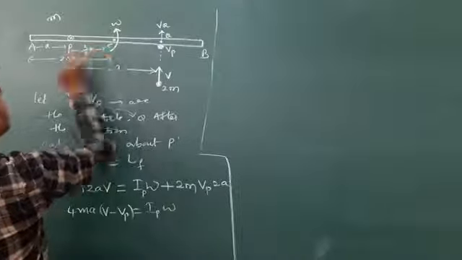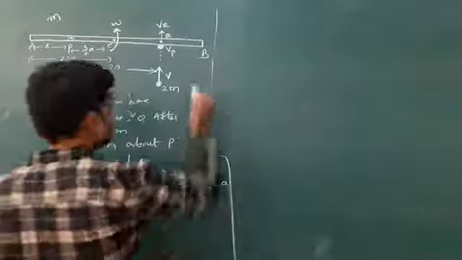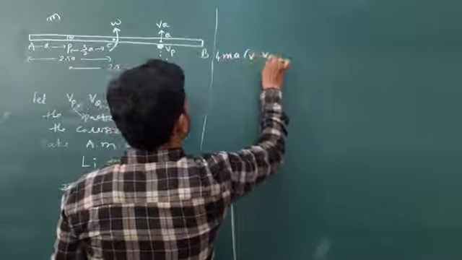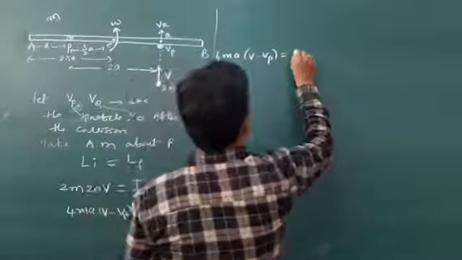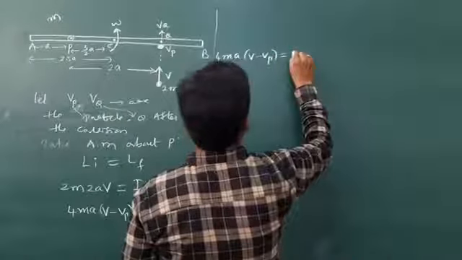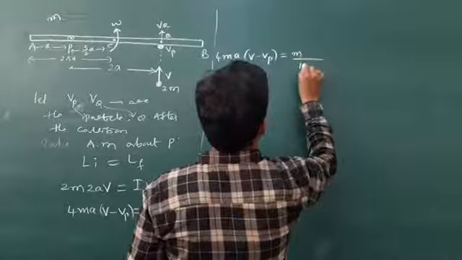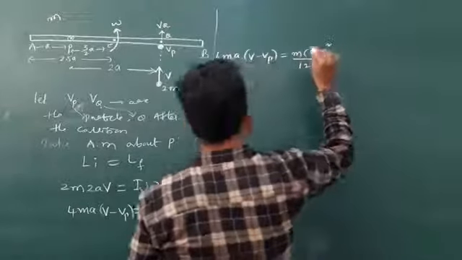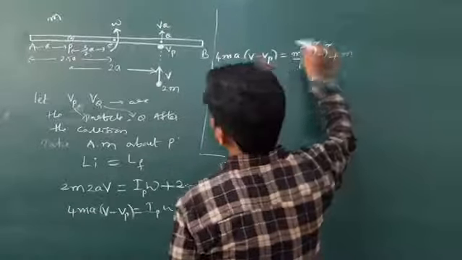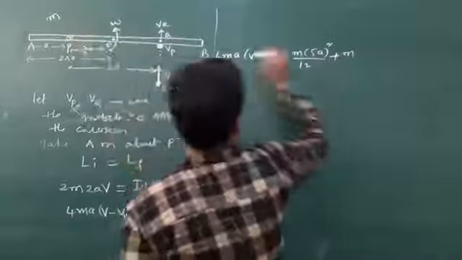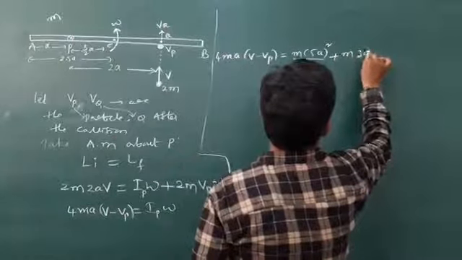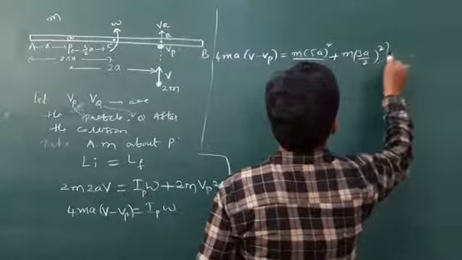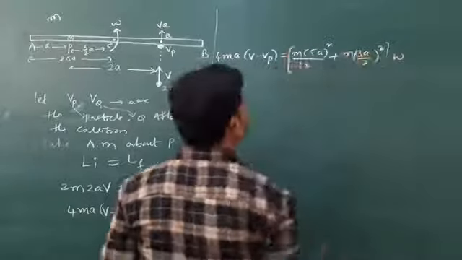So the moment of inertia is: 4ma (v minus Vp). The moment of inertia passing through the center and perpendicular to the length is mL squared by 12, L being 5a, squared, plus the gap between the center and point P, 3a by 2, m into (3a by 2) whole squared, into omega.